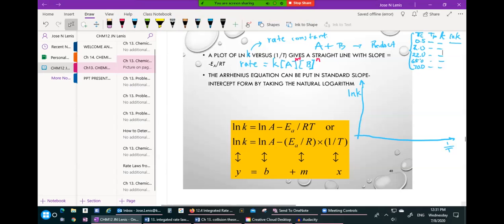Do the same thing for this, and here, and here, and you got 1, 2, 3, 4, 5 points there.